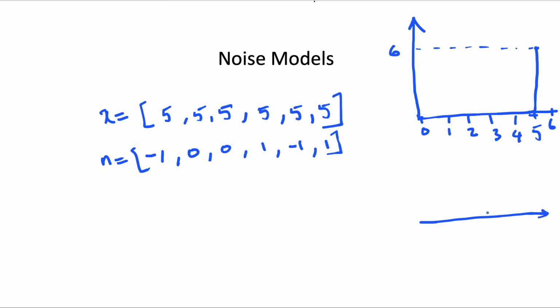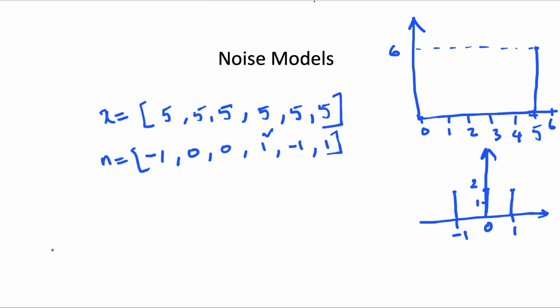This is my 0 point, this is 1, and this is -1. So we have 2 -1s, 2 zeros and 2 ones, so the count is 2 for each, and I have a point 1 here.